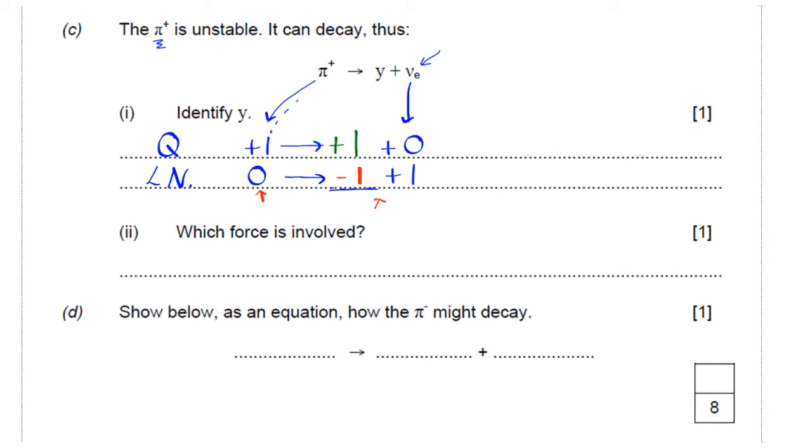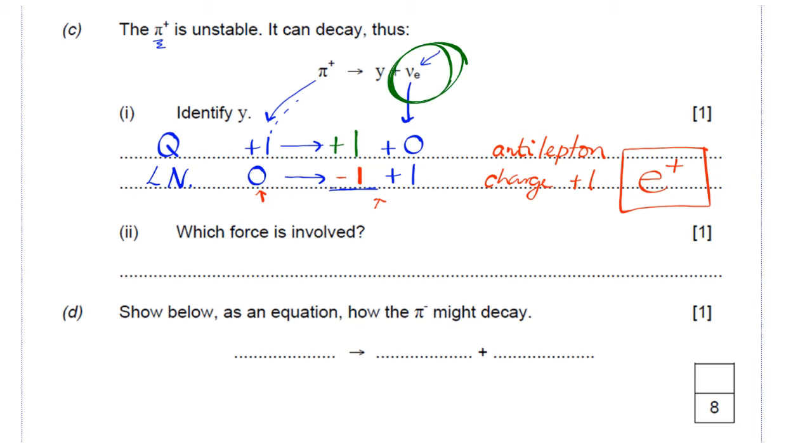Minus 1 means it's an anti-lepton with a charge of plus 1. The only candidate is the positron. That's your answer. Which force is involved? We've got the neutrino here, so it must be the weak force.